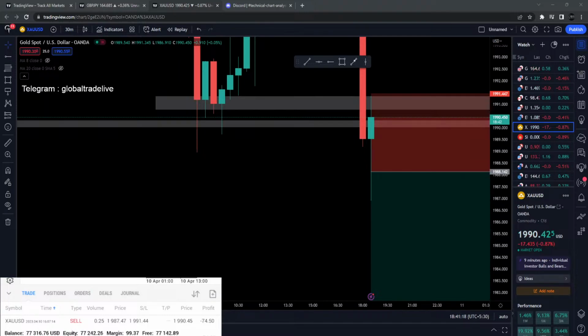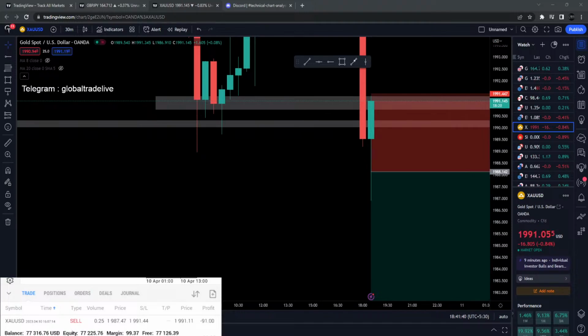So as you can see on the terminal, I took 0.5 lot and closed half at around 20 pips of loss, and this trade is now open with a stop loss, and it is about to hit the stops right now.